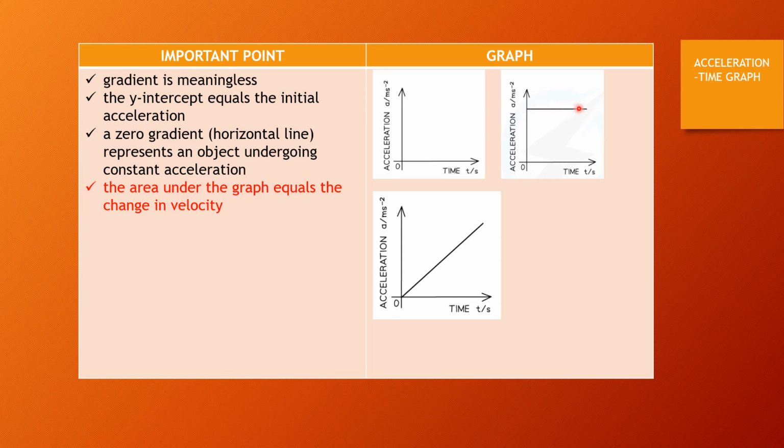So it's a zero gradient, a horizontal line. That means the object is undergoing a constant acceleration. First at 0 it was 5, and after some time t it was still 5. So constant acceleration. But the most important thing, the area under the graph represents the change in velocity.